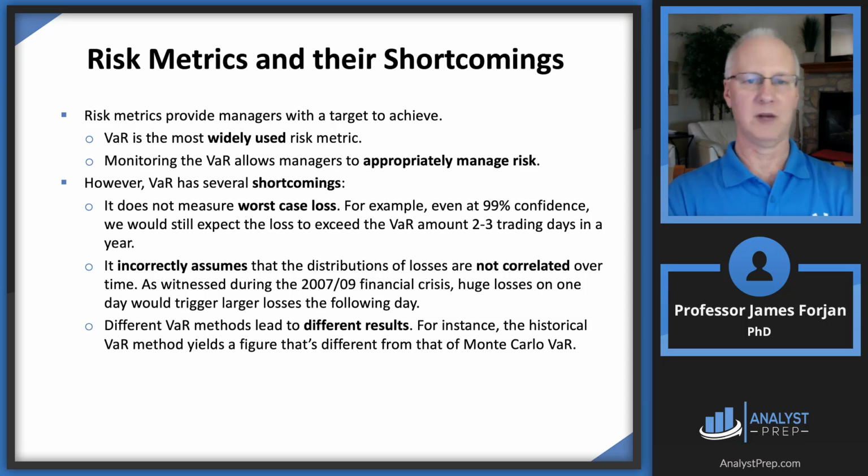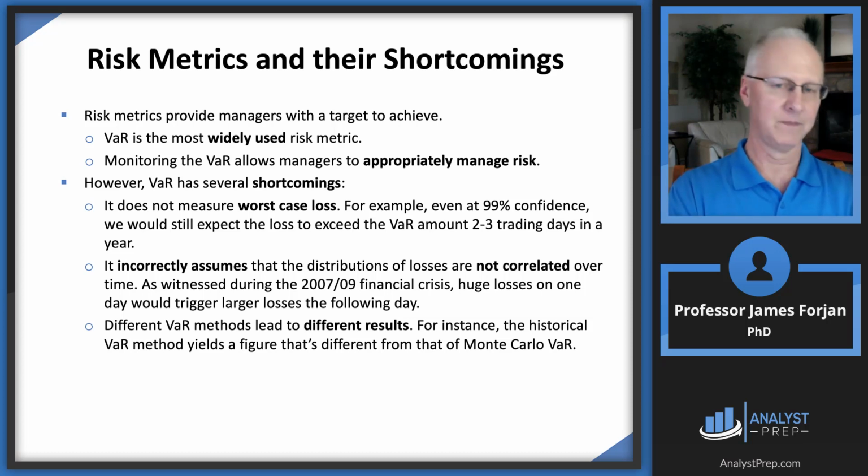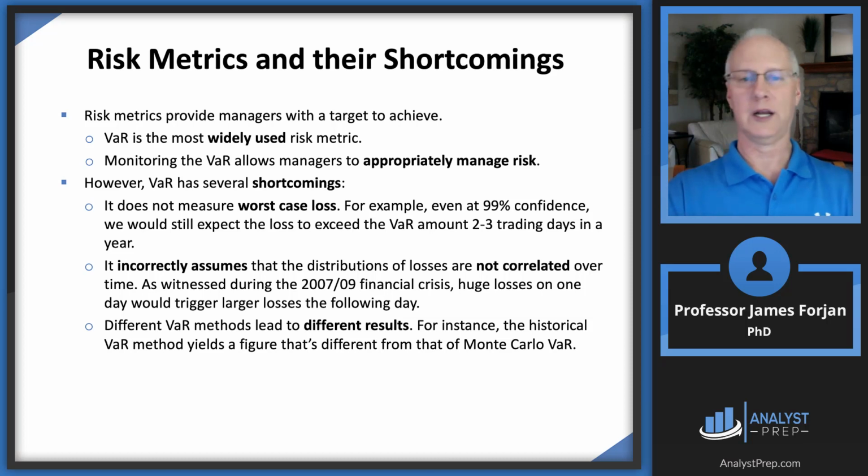But it does not measure the worst case loss. And one of its assumptions is that the distribution of losses today are uncorrelated. In other words, that correlation coefficient is 0. They're uncorrelated with the distribution of losses yesterday or last week.